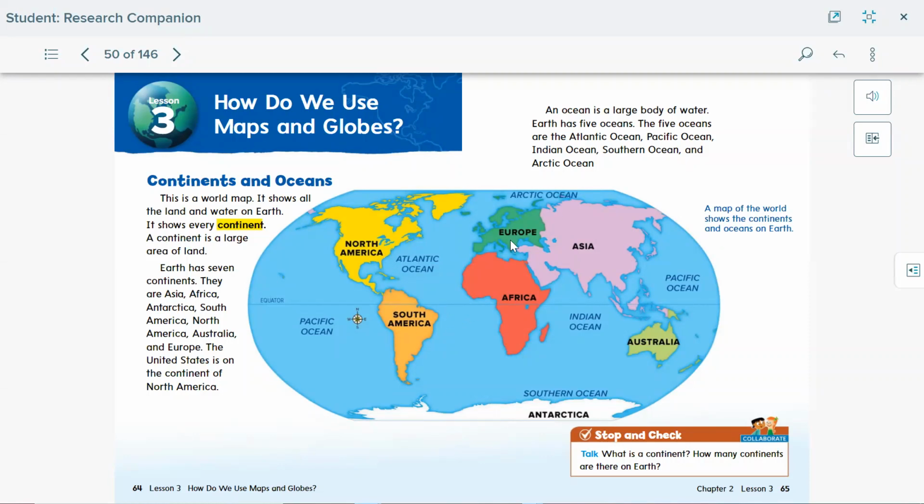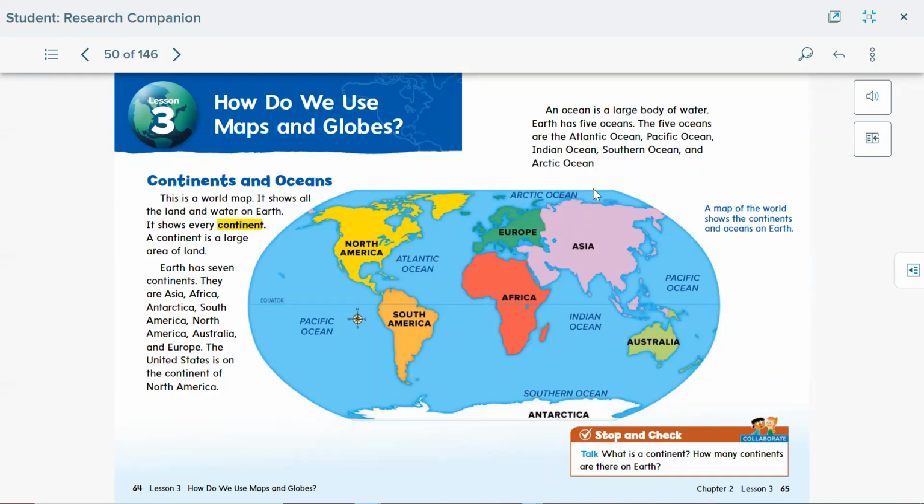So now we know that we have 7 continents and 5 oceans. The 7 continents are Asia, Africa, Antarctica, South America, North America, Australia, and Europe.